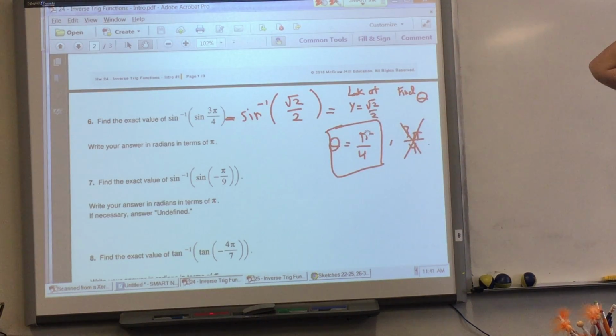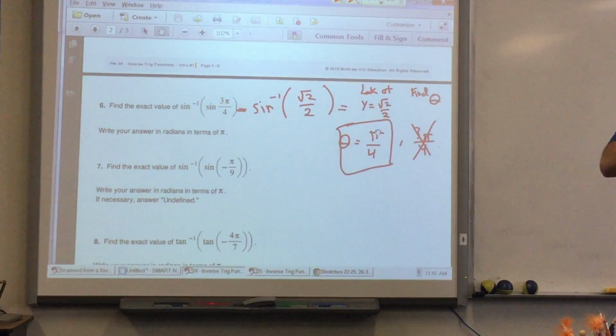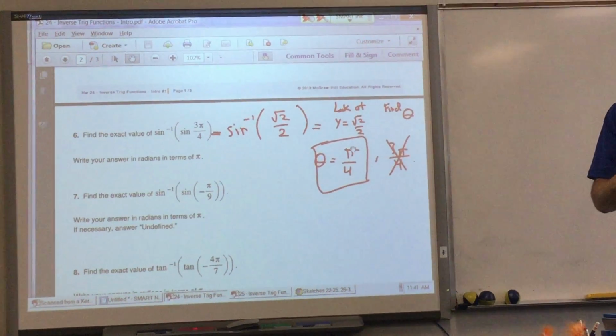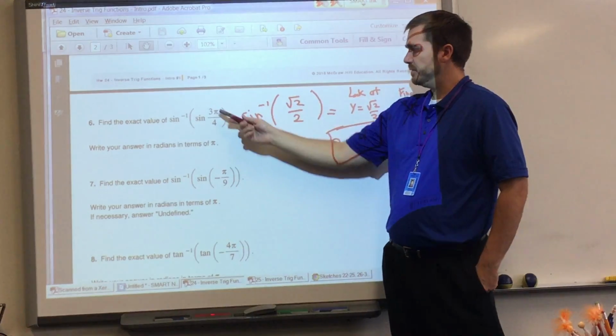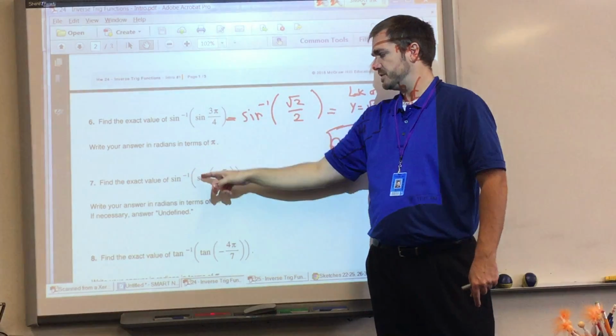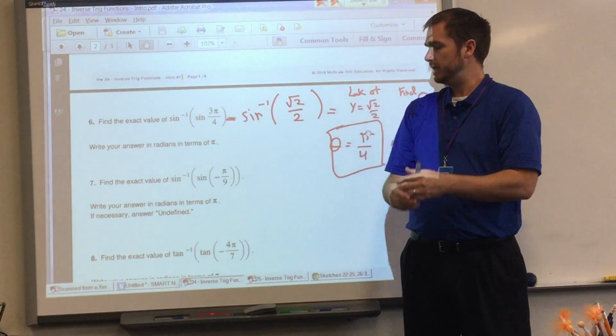Now, if it so happens that the angle that we're originally dealing with is between negative pi over 2 and pi over 2, then we might be in the sweet spot, like for the next one, number 7. See, the problem was 3 pi over 4 was over there in second quadrant. But this one here, inverse sine of the sine of an angle, it's the unwrap and then wrap it again kind of thing.